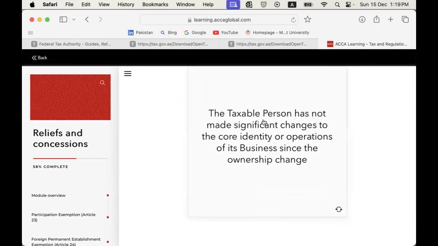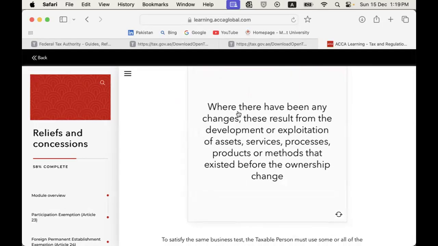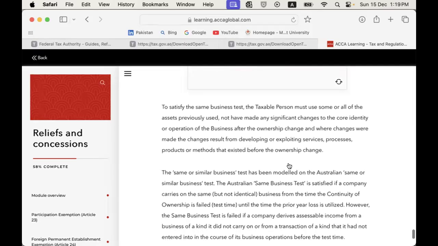Core identity: the taxable person has not made significant changes to the core identity or operations of its business since the ownership change. Let's look at the changes as well. Where there have been any changes, these result from the development or exploitation of assets, service, processes, products, or methods that existed before the ownership change. So if these tests are met, then the loss transfer will still hold good. The company will still be able to offset transferred or acquired losses.